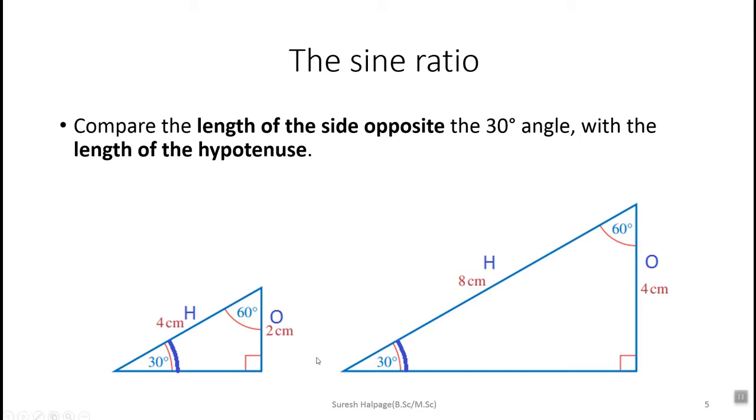So you can see two equiangular right triangles here, a smaller triangle and a larger triangle. Hypotenuse 4 cm, hypotenuse 8 cm.